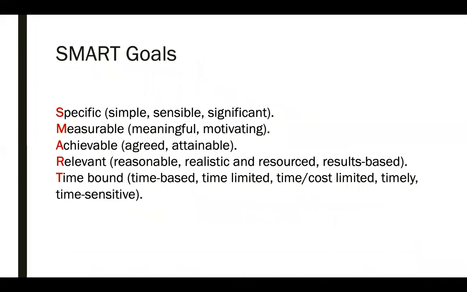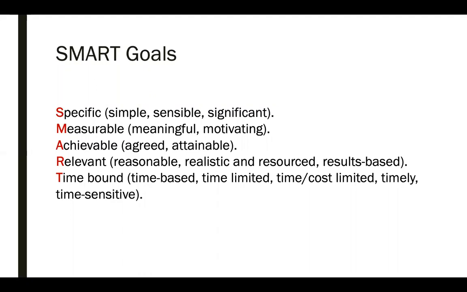So SMART goals. How to make your goals achievable. If you want to make your goals clear and achievable, each one should follow this abbreviation: SMART goals. S for specific. You have to specify and define your goal.